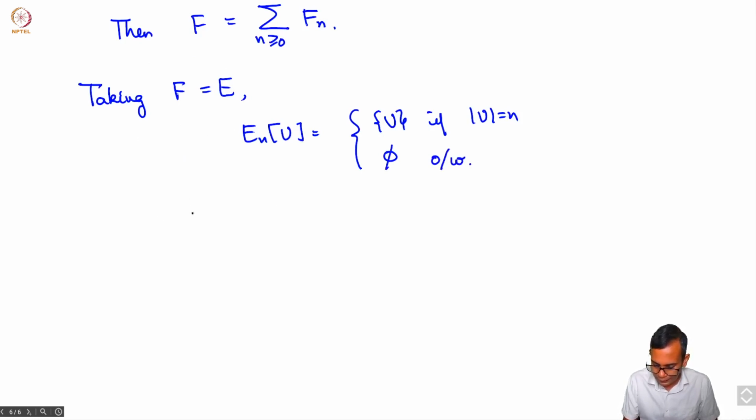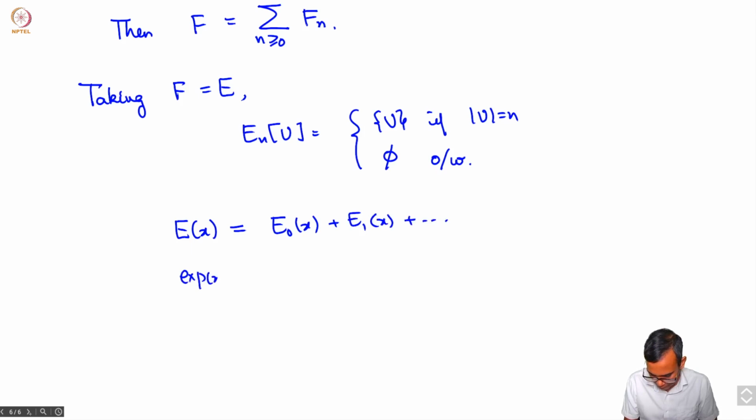And the identity of generating series we get here is that E of x is E0 x plus E1 x plus and so on.